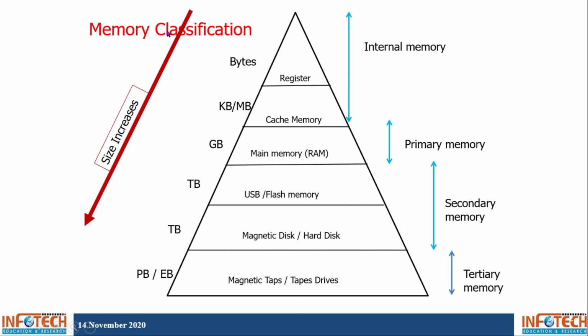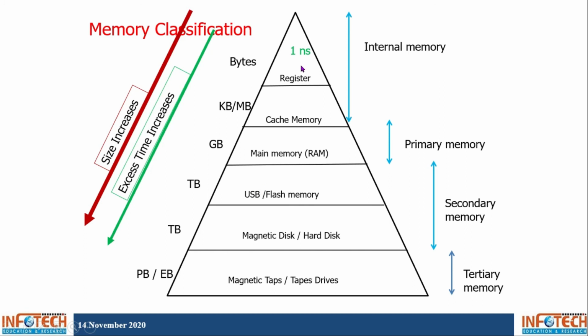We have so much space, but as we go down the pyramid, the size increases from bytes to petabytes, and at the same time the access time also increases. Registers are much more costly because the access time is less. SSDs are more expensive than a normal hard disk because the access time is less.